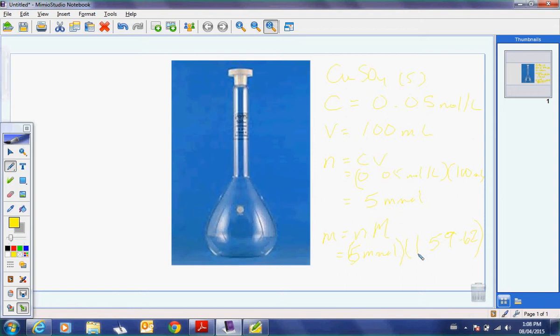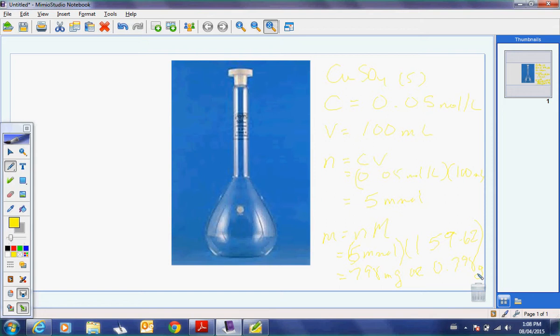Okay. And then what did you get? 798 milligrams, or 0.798 grams. Okay? So then you took that mass, and we go about preparing an exact solution.